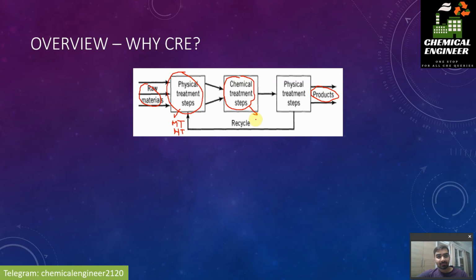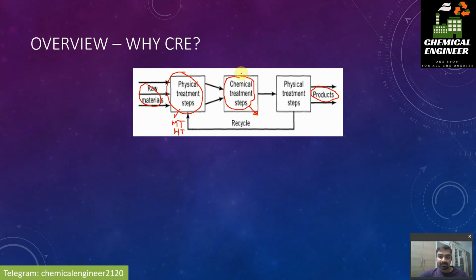So this chemical treatment step is what we are going to study in our chemical reaction engineering subject. For this, what you will be requiring is knowledge of thermodynamics as well as reaction chemistry of any raw material. Both things are covered in chemical reaction engineering.